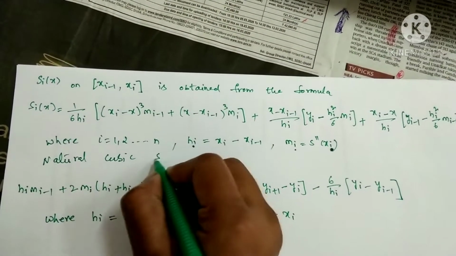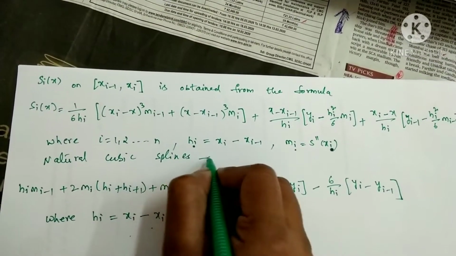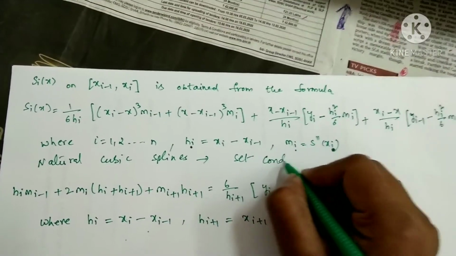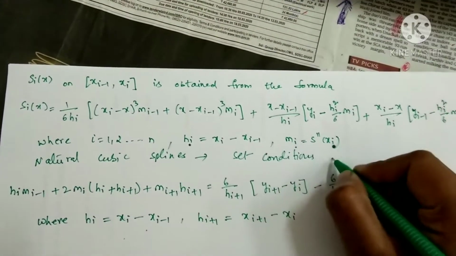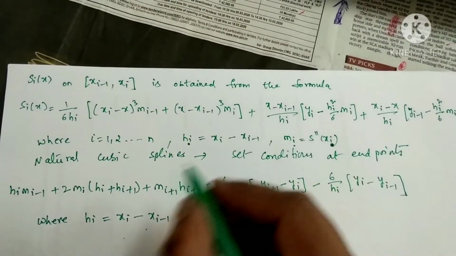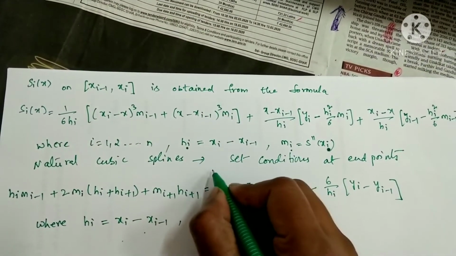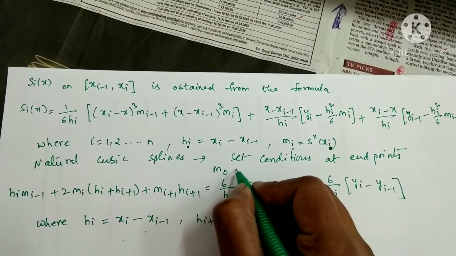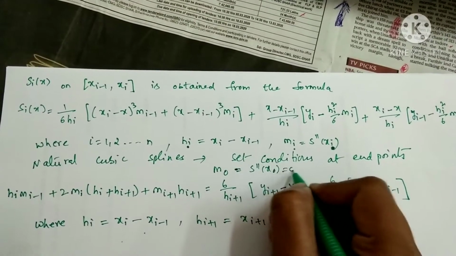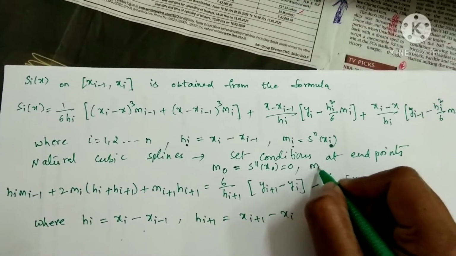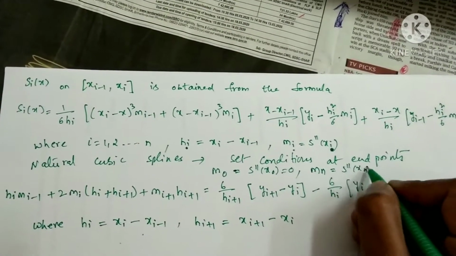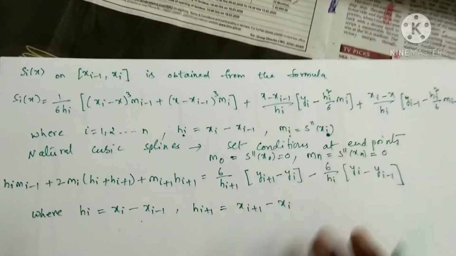So here we are going to fit natural cubic splines. While finding natural cubic splines, we have to set conditions at endpoints. Then what are the conditions? We have to set M0, which is nothing but S''(x0), as 0, and then Mn, the last point, which is nothing but S''(xn), which is also 0.